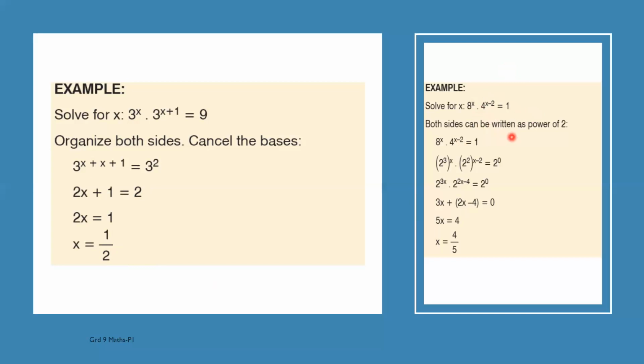We can write both sides as powers of 2. 8 on the base of 2 is 2 to the power of 3, then to the power of x, so 3 times x will be 3x, 2 to the power of 3x. Then 4 to the power of x minus 2, 4 can be written as 2 to the power of 2, then to the power of x minus 2.